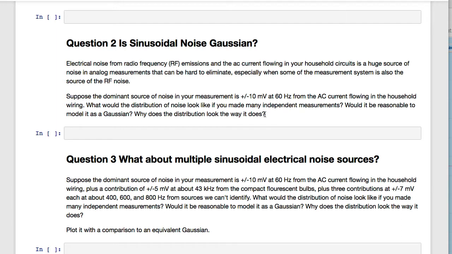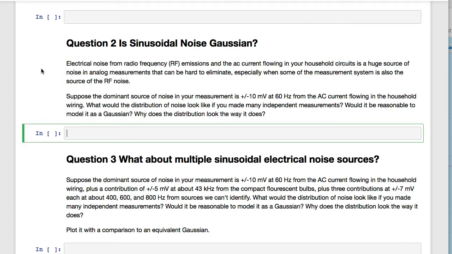So first we need to create a sample of the noise. We'll start off almost as always by setting some time value equal to a linear space. Let's take 10 seconds worth of data, so we'll go from 0 to 10 seconds.